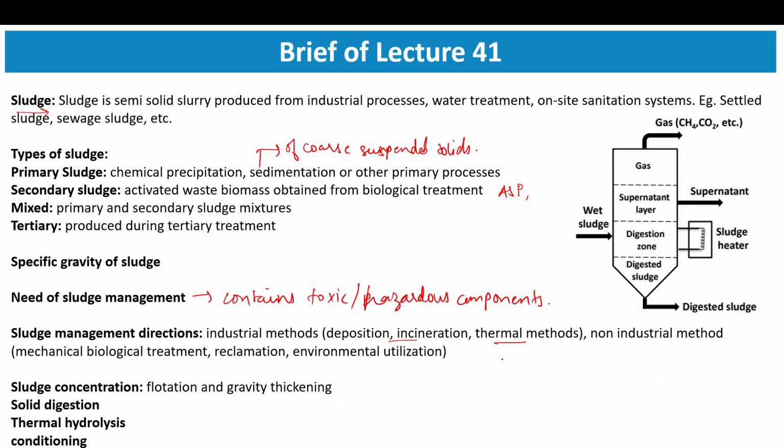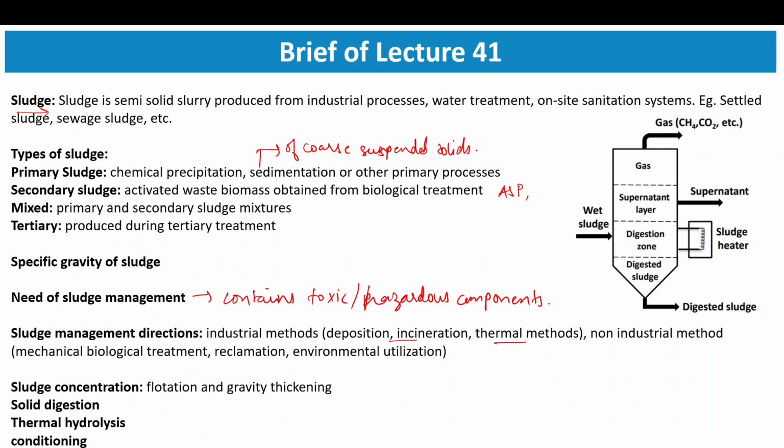And if there are chances that the sludge that is obtained contains some food waste or some organic biodegradable waste, then we can have some biological treatment, or we can obviously pre-treat it and modify it, and use it for some fertilizer application or in agriculture after adding nutrients and so on. So these two types of strategies can be used for sludge management, which is industrial and non-industrial method.